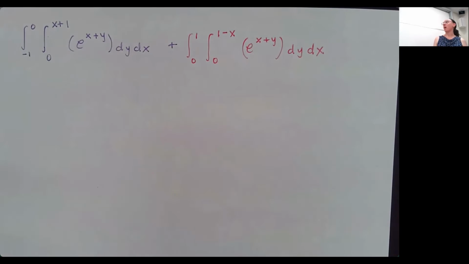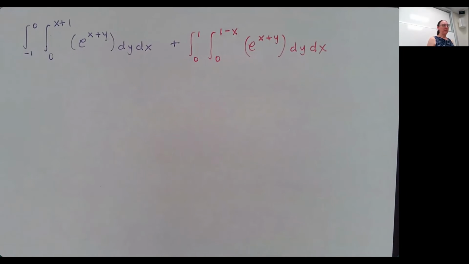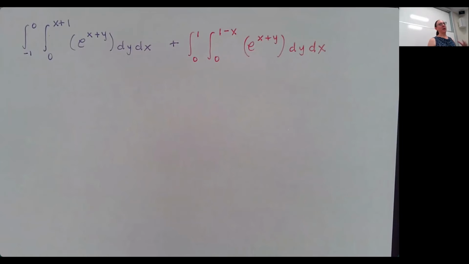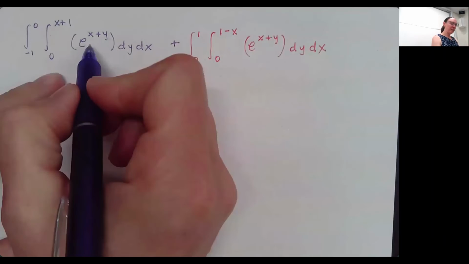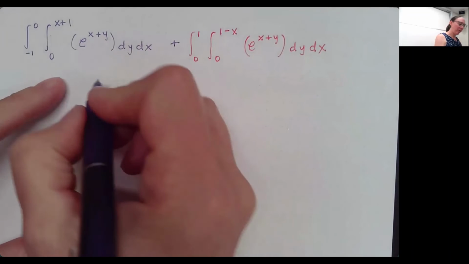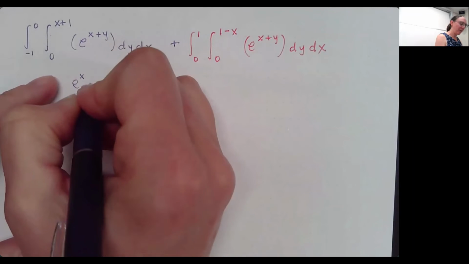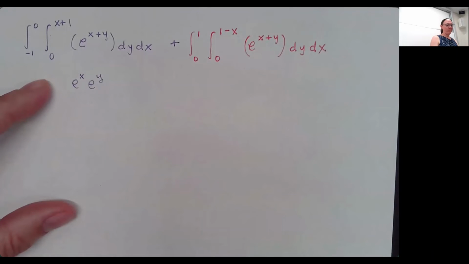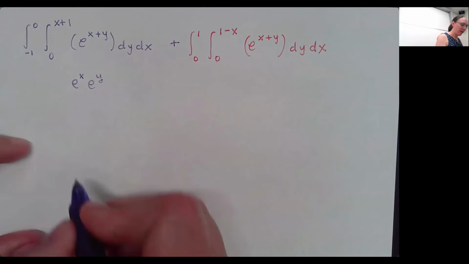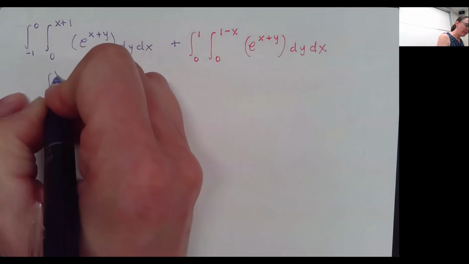E to the x plus y, it's totally fine to leave it like that. I think when I'm doing either partial derivatives or partial integrals, when I'm doing double integrals, I sometimes prefer to think about that as e to the x times e to the y. Don't have to, but it's my preference.